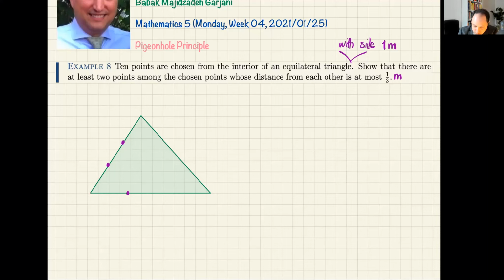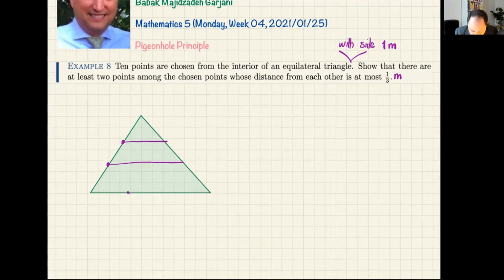Of course, this is not a very good picture, so let me try to see if I can do a little bit better. I don't have enough tools here.